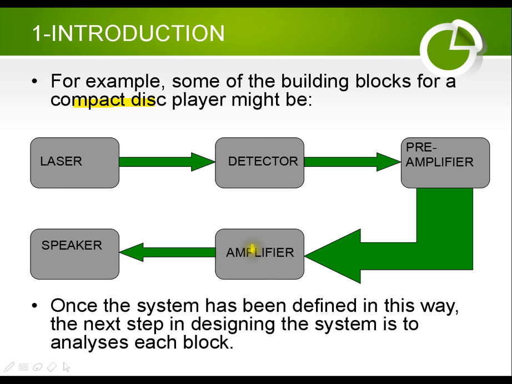For example, if an error comes in the amplification process and the output is not higher, say I require 100 volts and I am not receiving the amplified output, so the speaker is not working well. So what do I do here? I don't open the laser system, I don't go to the detector components.